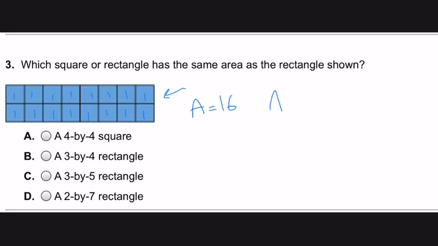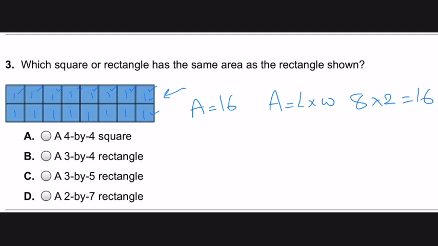We know that area equals length multiplied by width. What is the length of this rectangle? 1, 2, 3, 4, 5, 6, 7, 8. 8, and the width is 1, 2, 2. So 8 multiplied by 2 is 16.